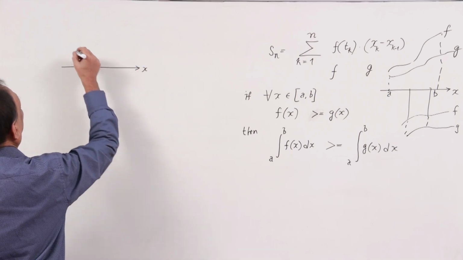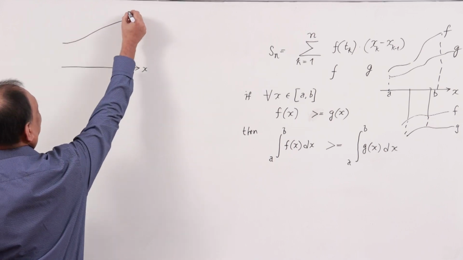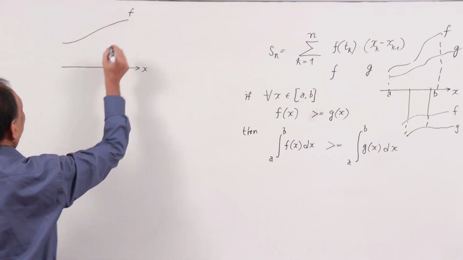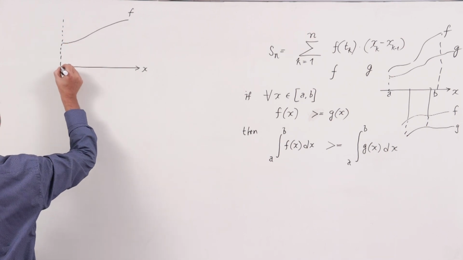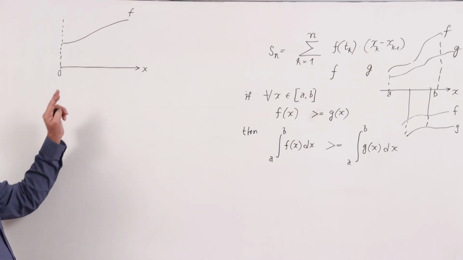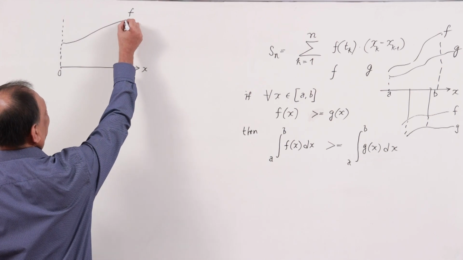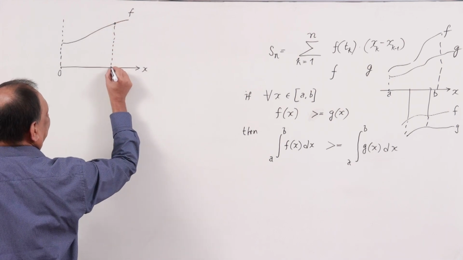x-axis. I got some kind of a function, whatever that is, f. Now in this interval, I am starting from 0, at the beginning point, and some point here, doesn't matter whatever point that is, I can mark that as x.